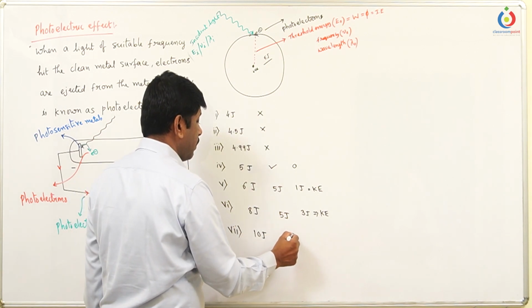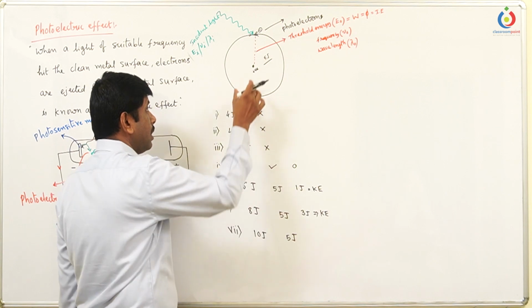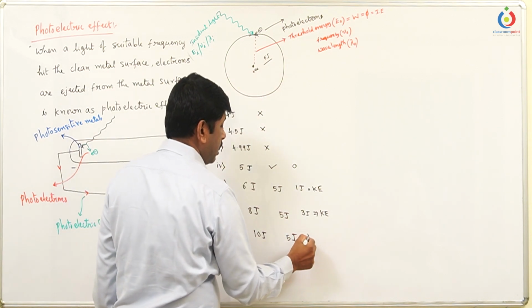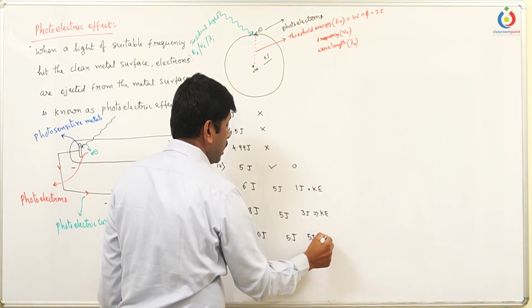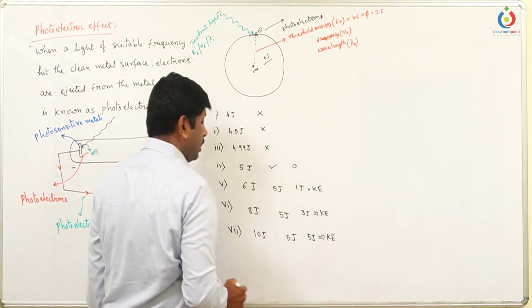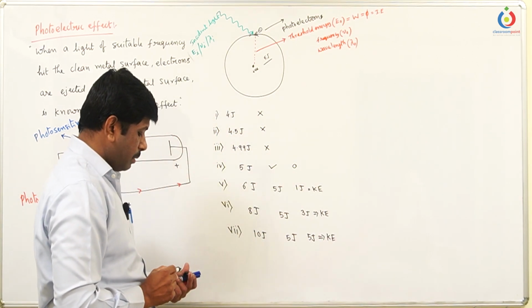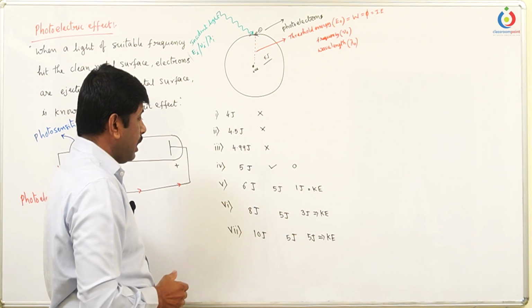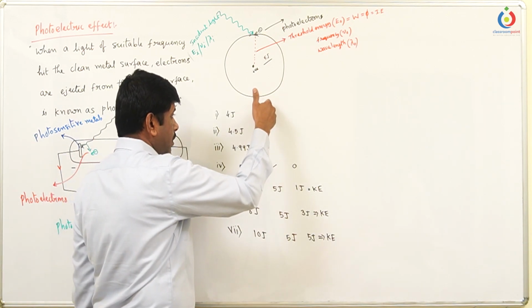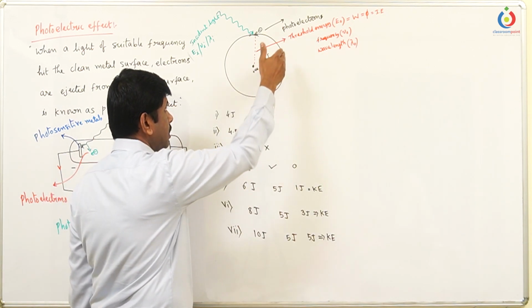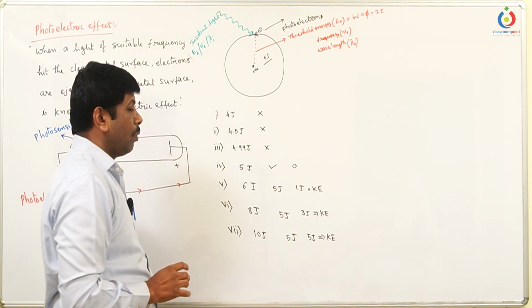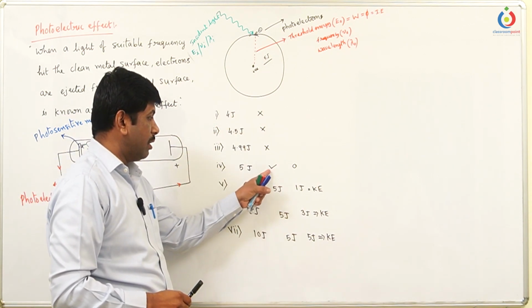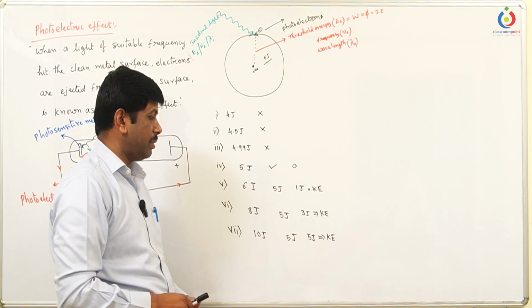Again 5 joules is used to overcome the nucleus attraction power, and the remaining 5 joules helps in increasing the speed of the electron. So in these cases, the photoelectric effect is not observed until it reaches its threshold energy. Once threshold energy is reached, then the photoelectric effect is observed.